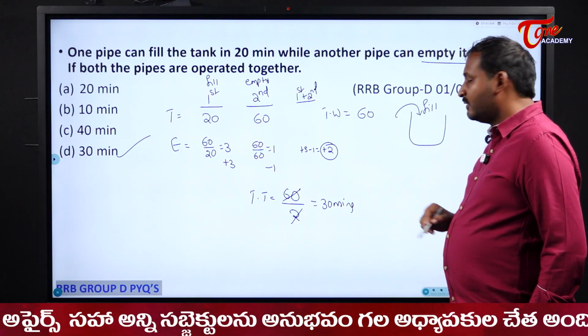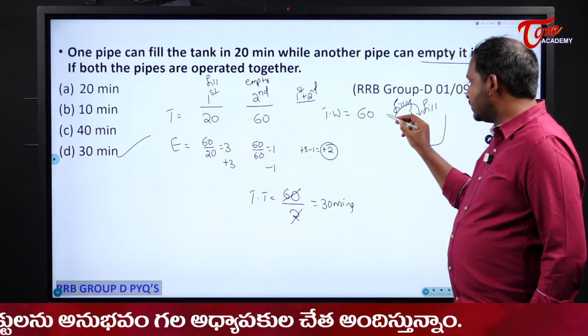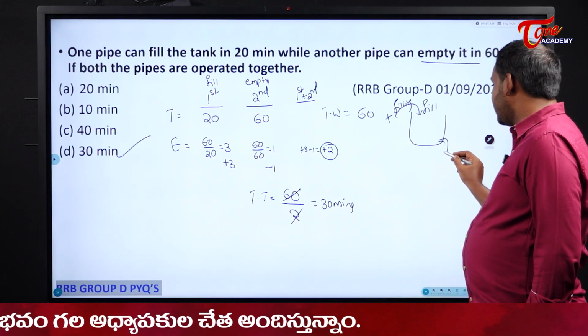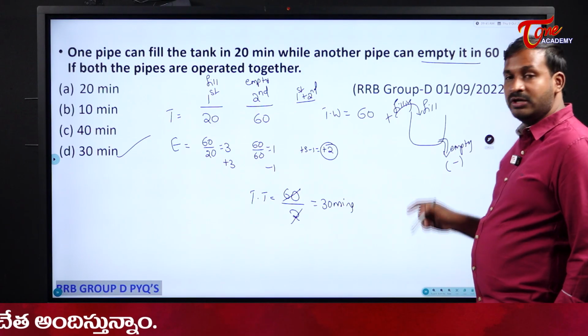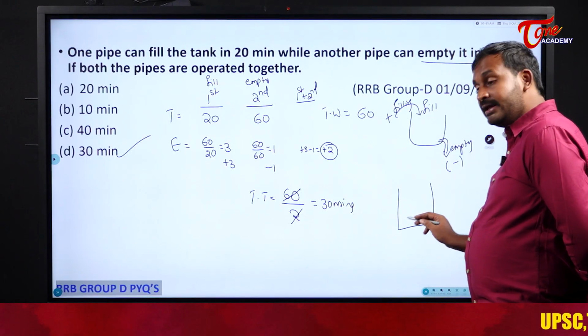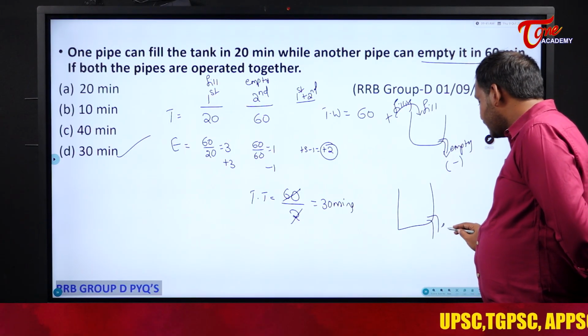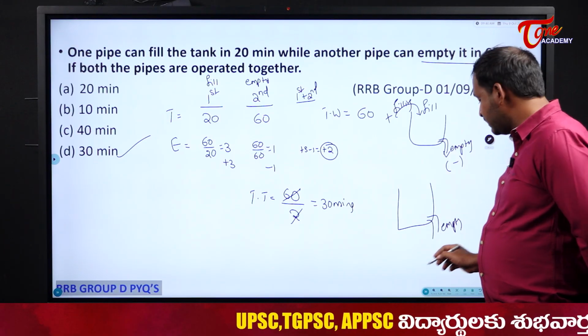The filling pipe, right? Filling will become positive. And the emptying one will become negative, because here my goal is to fill the tank. And similarly, if I want to empty the tank, what is my final goal? To empty it. So what is working in favor of my work? The emptying pipe.